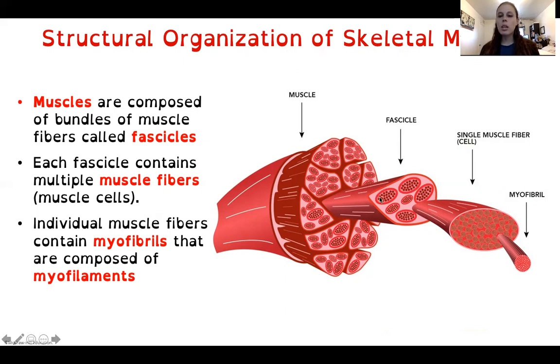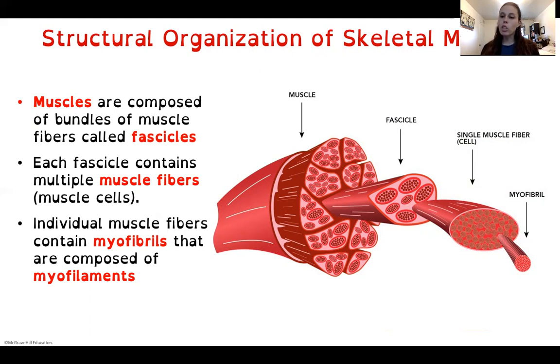So skeletal muscle is made by multiple fascicles. And each fascicle is made by multiple muscle fibers. And remember that the muscle fiber is the cell of this tissue. Within that cell, we have filaments, and these are basically proteins that make these myofibrils. The myofibrils are really important because those are the units that are actually contracting in the muscle.